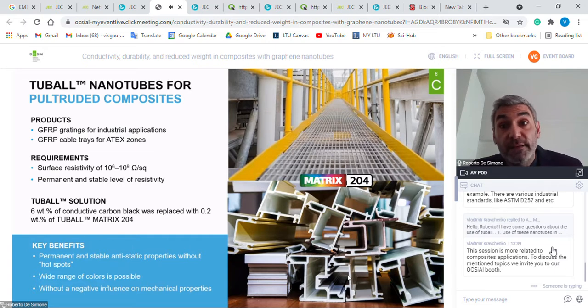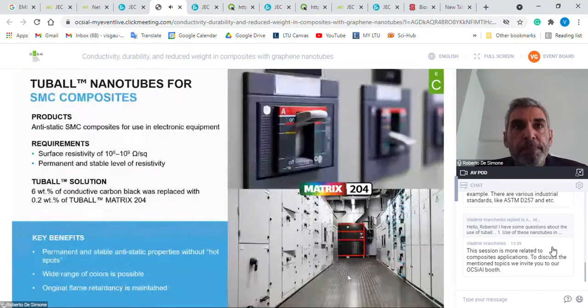For example, gratings could be used in different paths inside a plant, a nuclear plant for example, just to distinguish the different kinds of area inside the plant. So a range of color is a sensitive topic in this case. You have no influence on mechanical properties.